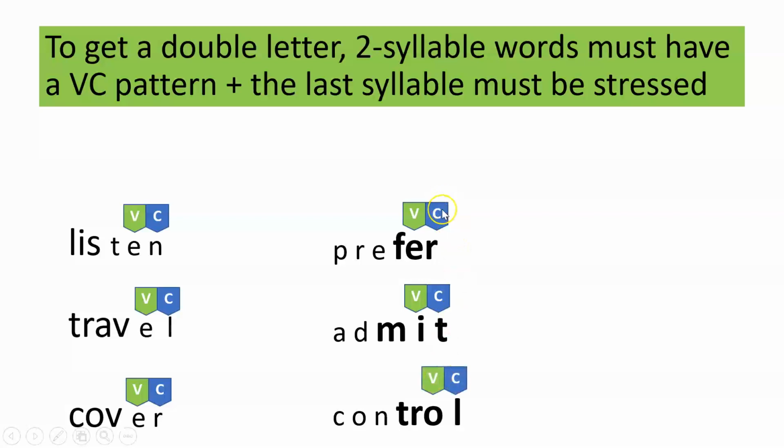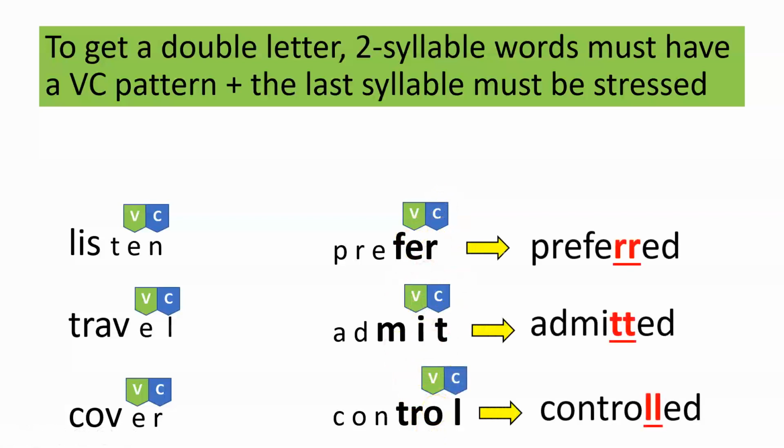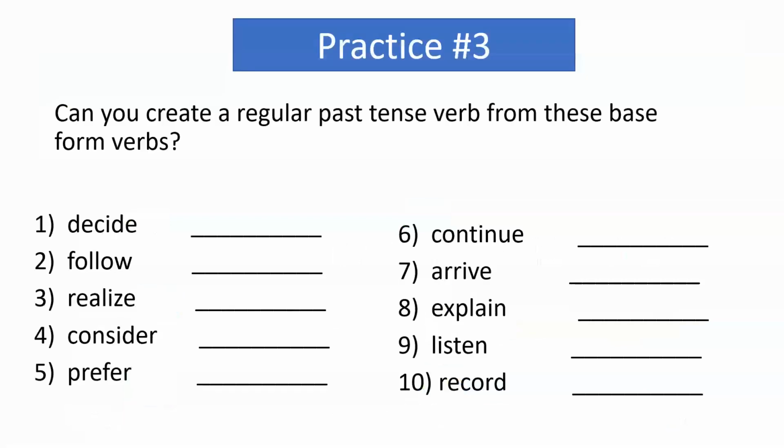So this is following both of the rules in order to get a double letter, and that's why we have preferred with a double R, admitted with a double T, and controlled with a double L. So you have to meet two criteria, two rules, if you're going to get a double letter for these longer words. So let's do a little bit of practice with this.